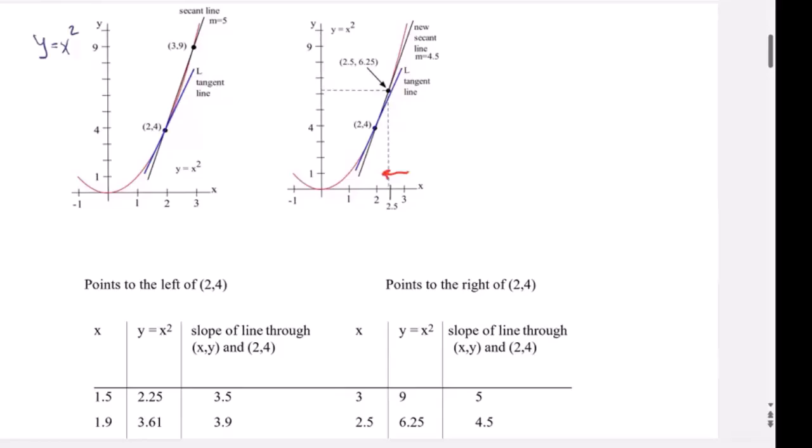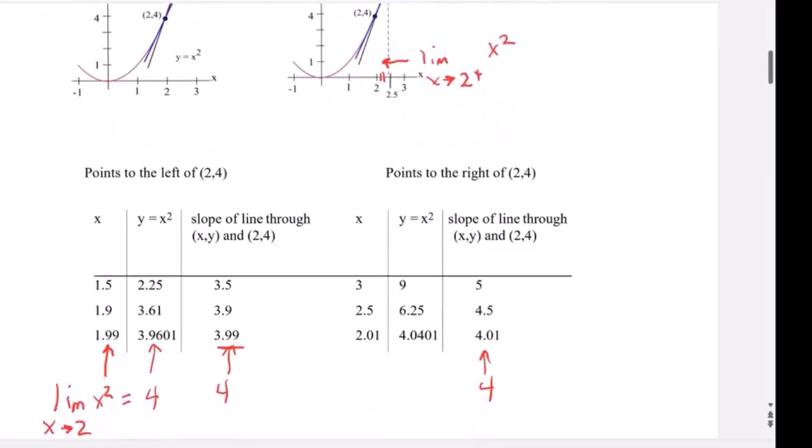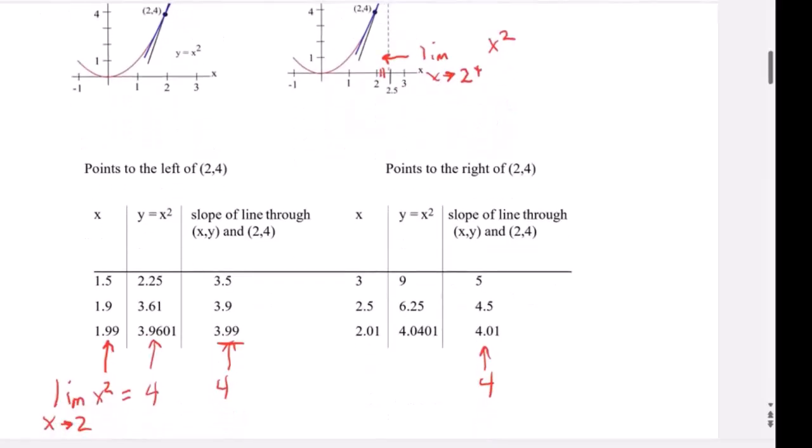So basically, we're saying the limit as x approaches 2 from the right of my function x squared. Okay? And we can see that that's what's going to happen. We're going to get close. We're going to pick points closer and closer, and we could calculate them on a table, and we can find the slope. But I promise that's not how we find derivatives. This is more just explanatory, okay?